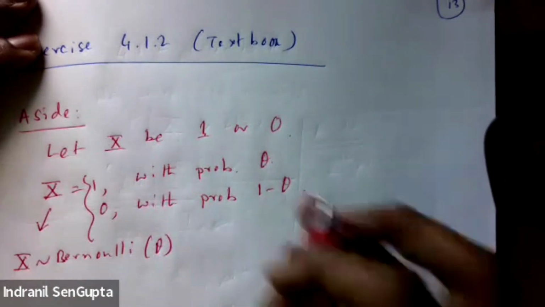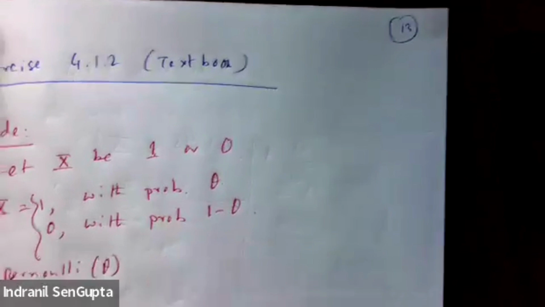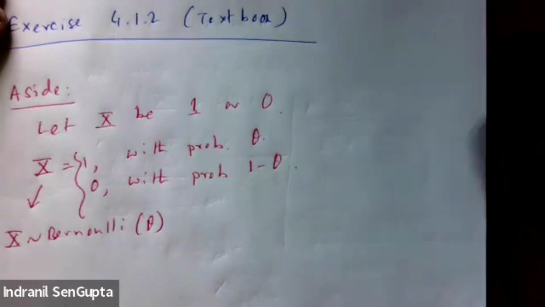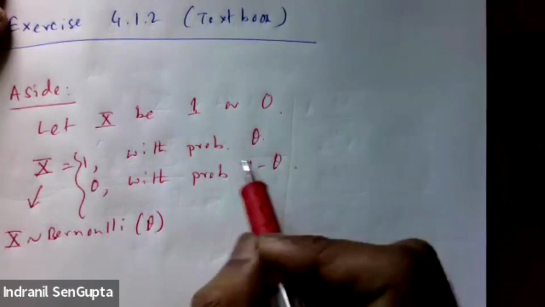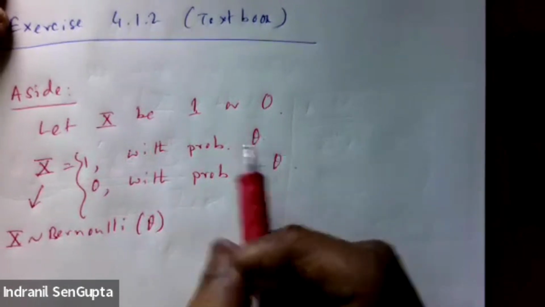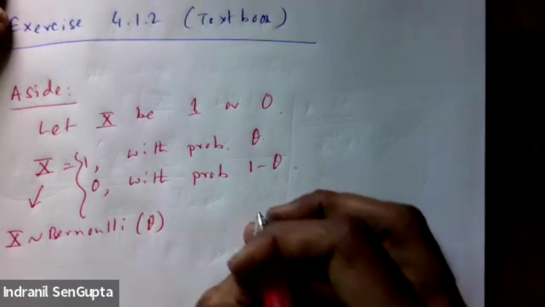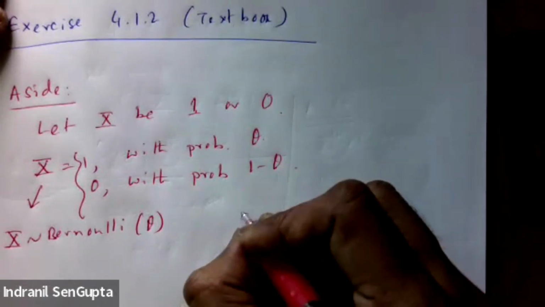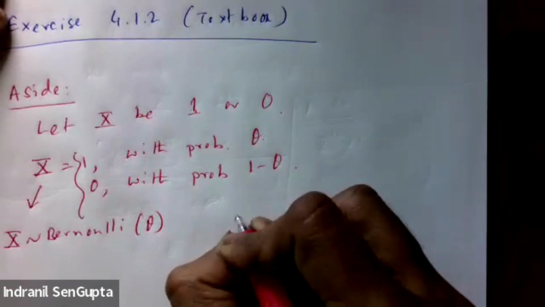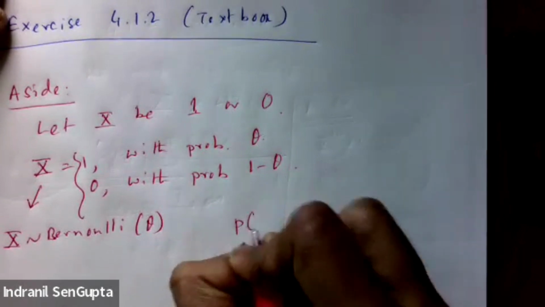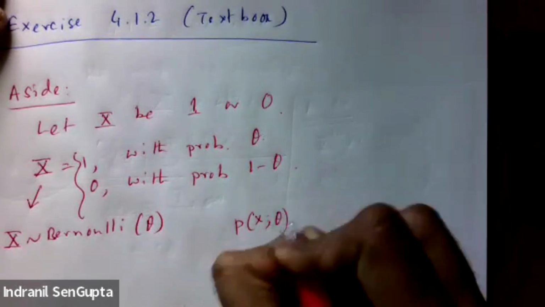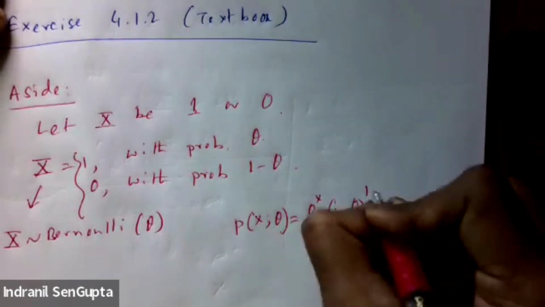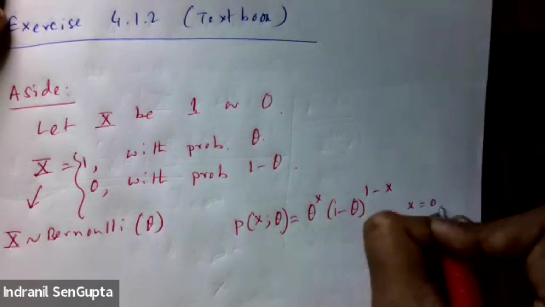Right. Now, its probability mass function can be written in a very nice way. It is of course a probability mass function. We can write this this way, and also we can write this as the following. We can write p(x; theta) equals theta to the x times 1 minus theta to the 1 minus x, for x equals 0 or 1.